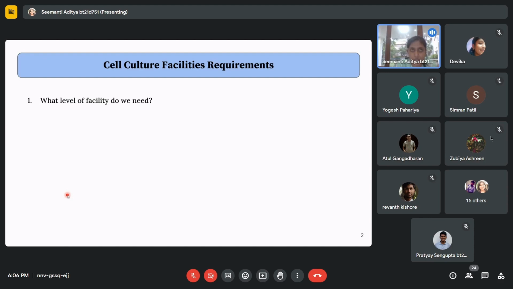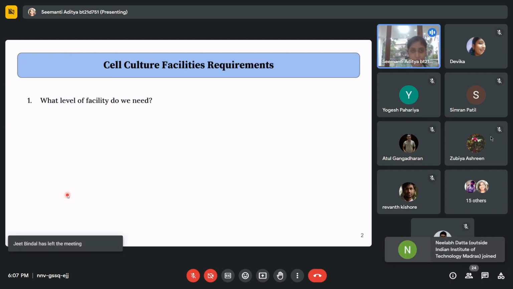Do we require a very high level of facility where we would be working with viruses or some dangerous bacteria, or do we require a basic cell culture lab where we are not concerned with dangerous microbes?